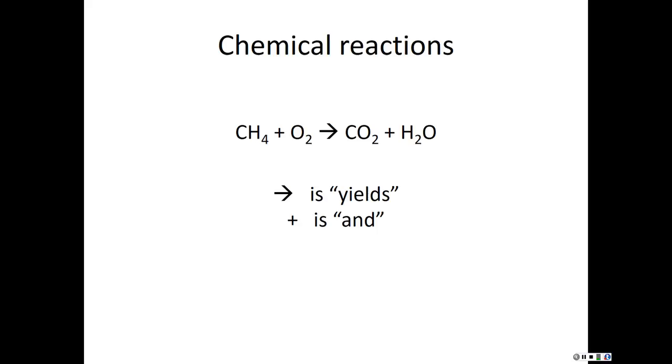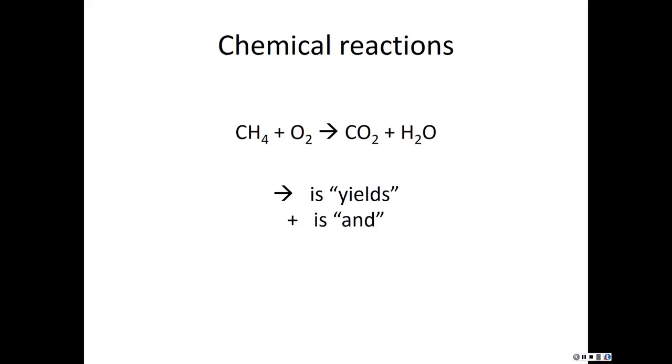It's the verb of it. So if I wanted to read this out loud, CH4 and oxygen yields carbon dioxide and water. That's how you would say it in English: substitute an and for the pluses and yields for the arrow. So we can write equations in the shorthand chemists use, or we can write them in English.